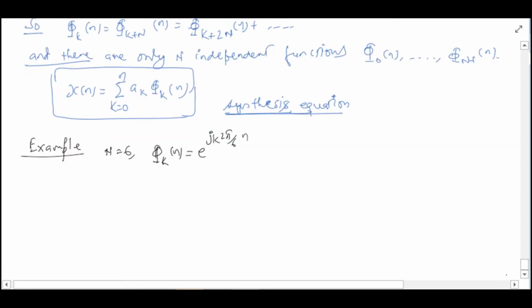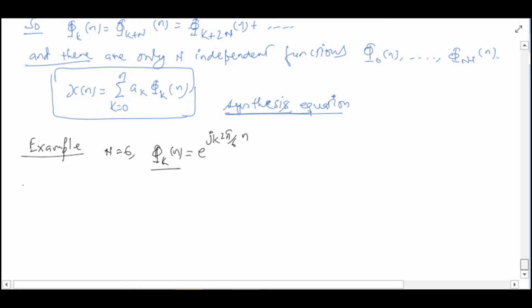We have already seen that there are only capital N independent functions, phi 0 to phi 5, or phi 1 to phi 6. Let's see how these values will look.